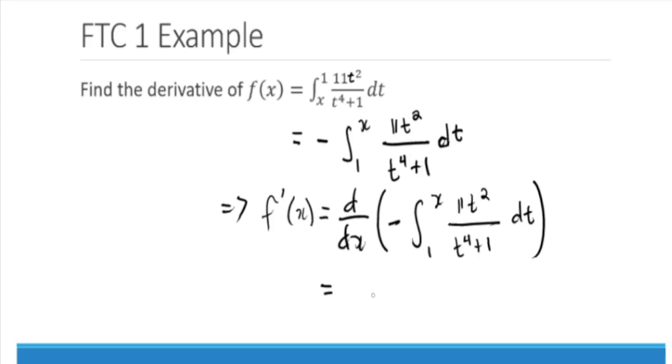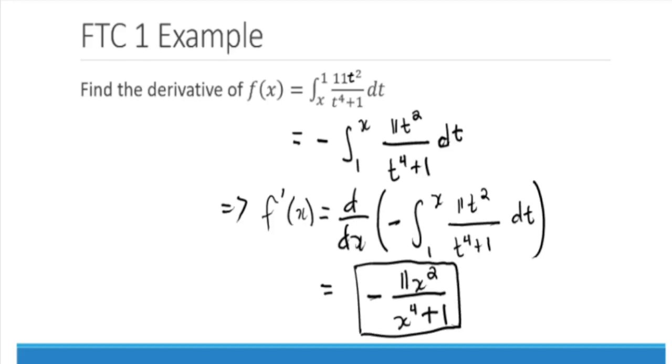But take note, may negative tayo sa simula. So, negative 11x squared over x to the 4th plus 1.